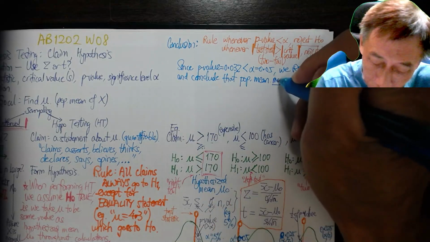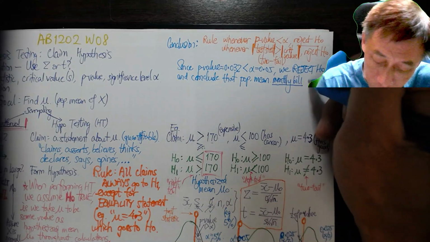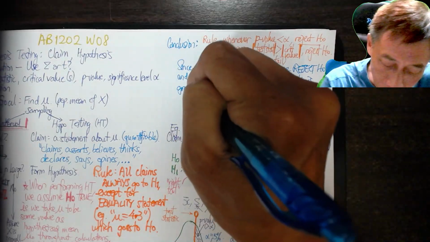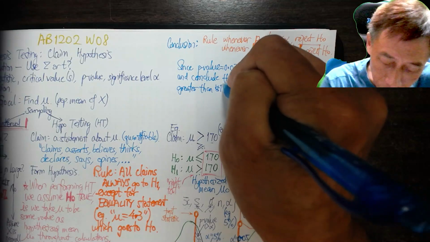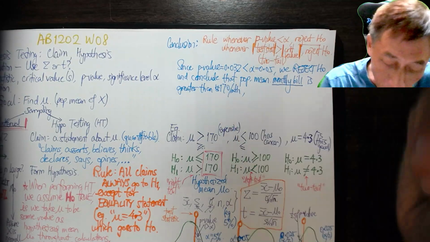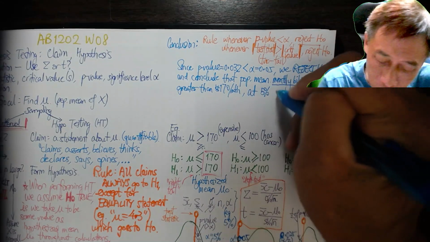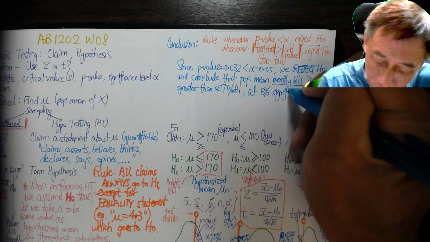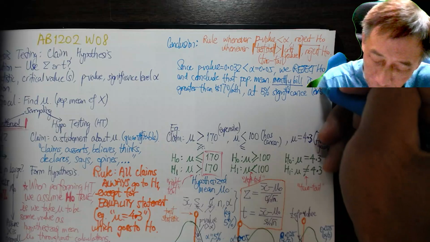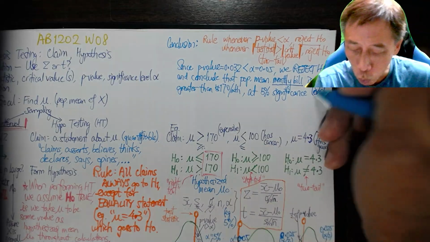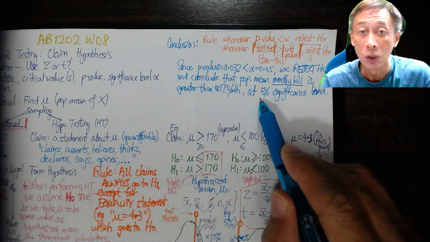So monthly bill is greater than $170 per month, comma, and you add this part: at 5% significance level. So that means you repeat the alpha. Very important. Even though it's stated, even though it's given, you need to qualify your statement that you reject H naught because alpha is 5%.